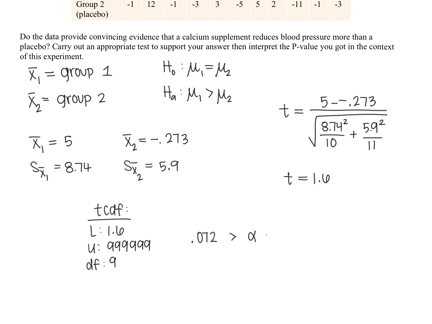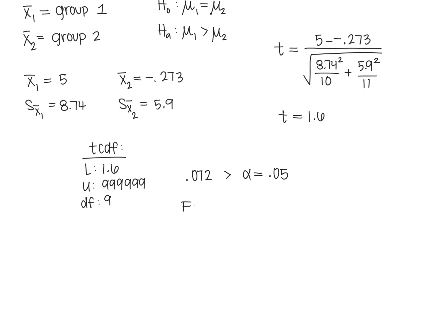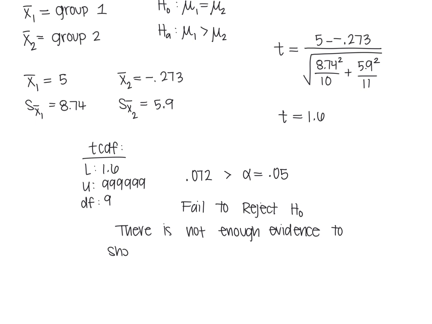So this is greater than an alpha of 0.05, which means we are going to fail to reject the null hypothesis, which means there is not enough evidence to show taking a calcium pill reduces blood pressure.